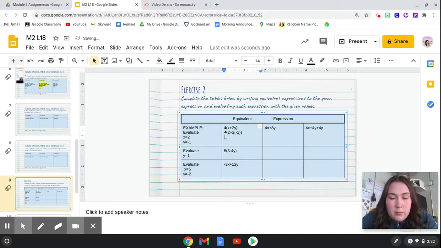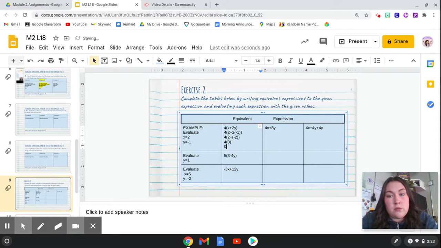So I am going to have 4 times 2 plus 2 times -1, that's going to be -2. Okay, and now I have 4, and 2 plus -2 is 0. So 4 times 0, so I have 0.